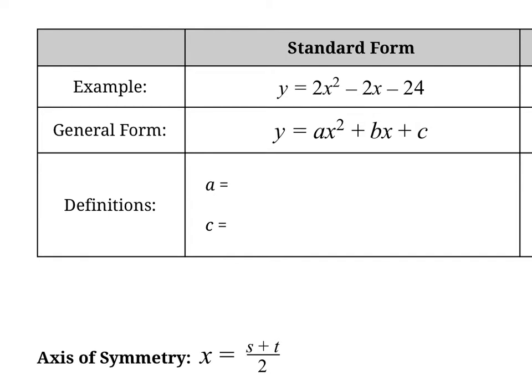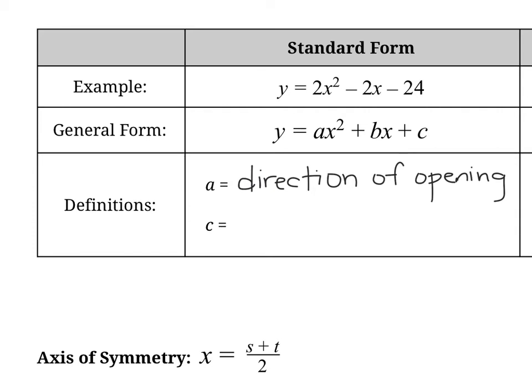Now, in terms of the information that we can take from an equation in standard form, specifically the a value and the c value tell us some of the key features or key properties of a quadratic equation from standard form. The a value, which is the number located in front of the x squared, tells us the direction of opening of our parabola.